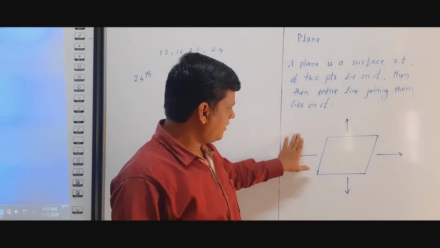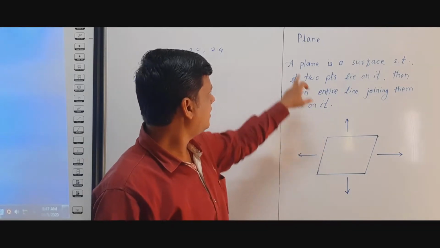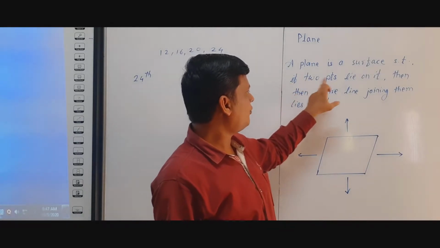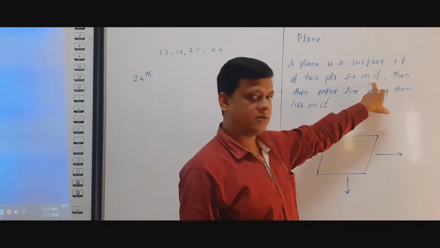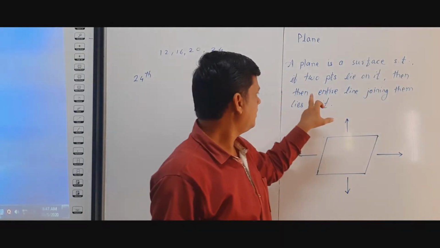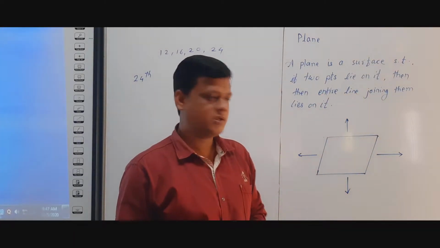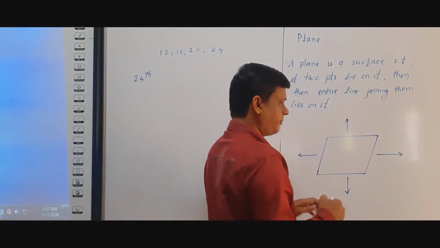So we define a plane as a surface such that if 2 points lie on it, then the entire line joining them lies on it. That means here we consider this surface.